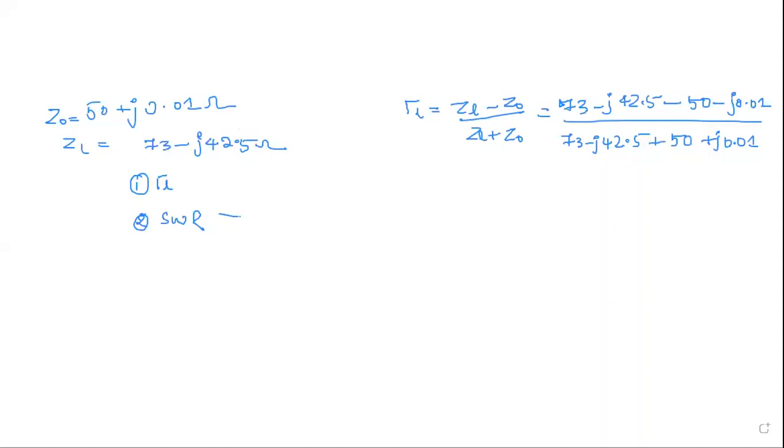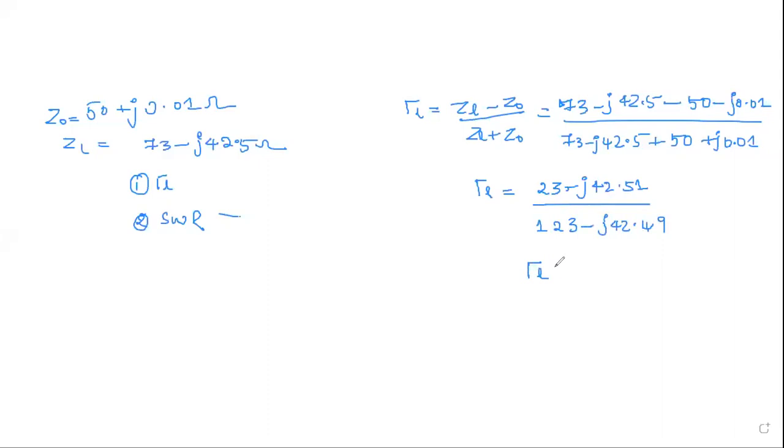What is the answer? This will be 23 minus J 42.51 divided by 123 minus J 42.49.